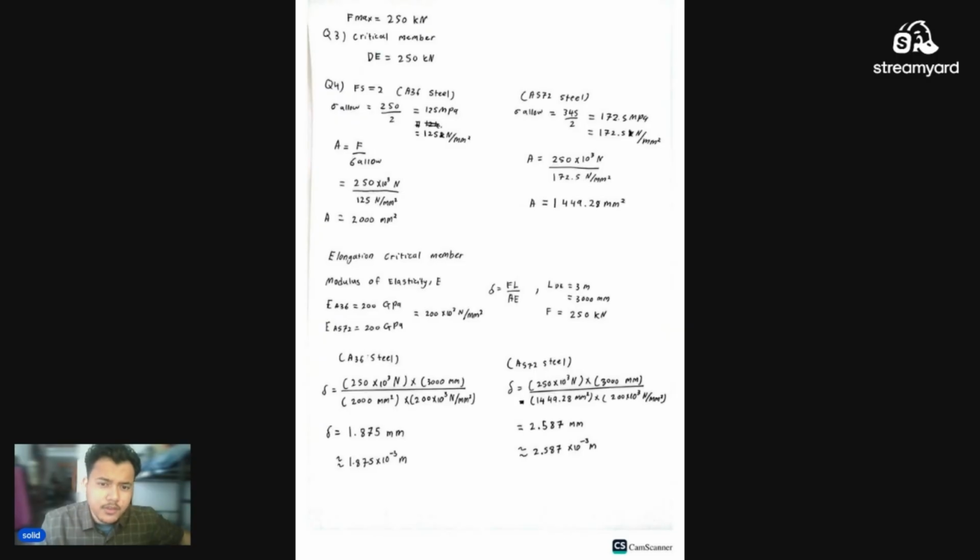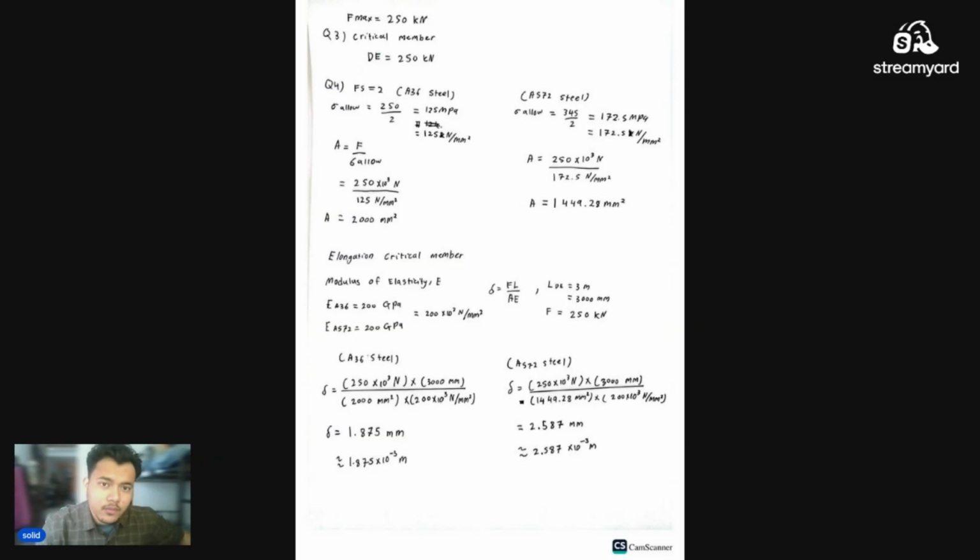the elongation of the critical member. First, we get that the factor of safety is 2. So the allowable stress is equal to 250 divided by 2, and then we get 125 megapascal, and megapascal is equal to Newton per mm square.